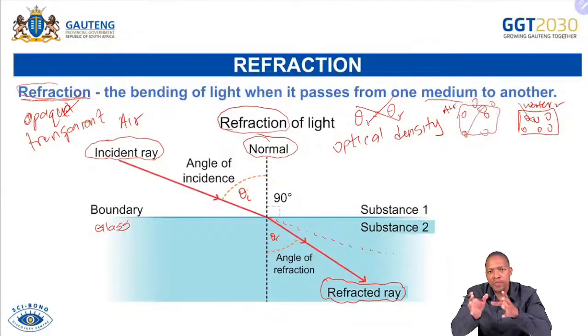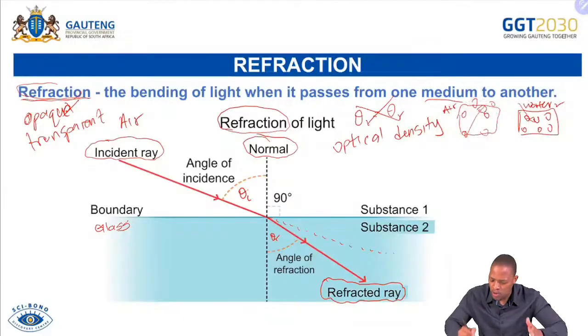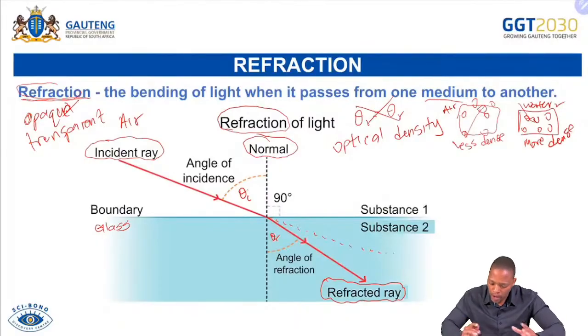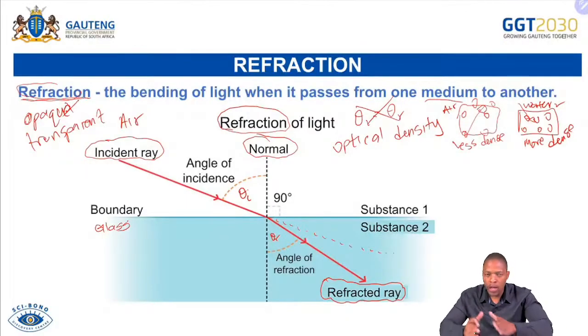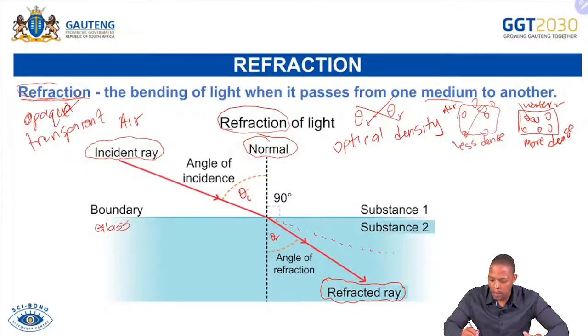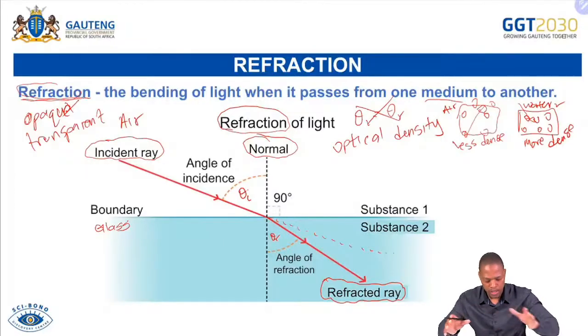It will make it difficult. So then it means that water must be more dense than air. Air will be less dense. Okay? Now, if light comes in from air to water, then it means light is coming from a less dense material and it is going to a more dense material.